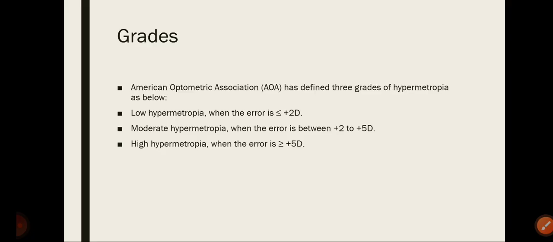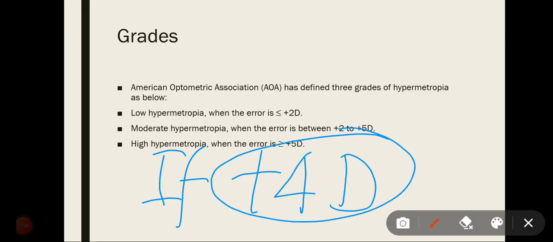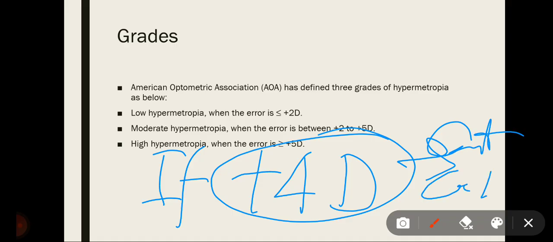So guys, answer. If a patient has +4 diopter, what will be the category of the grade of hypermetropia? Comment below. This will obviously be moderate hypermetropia.